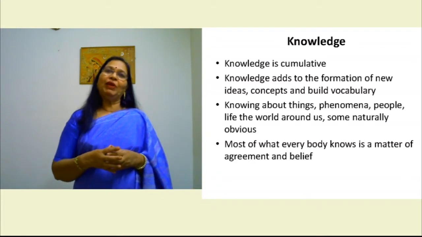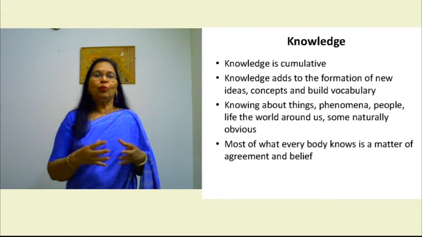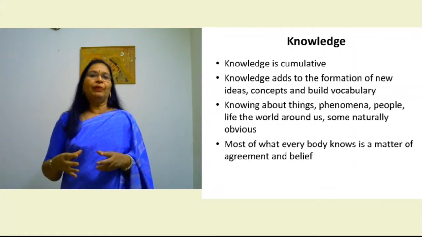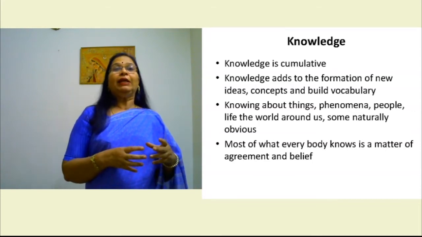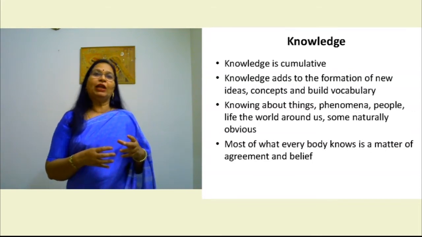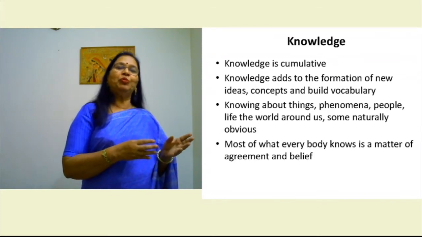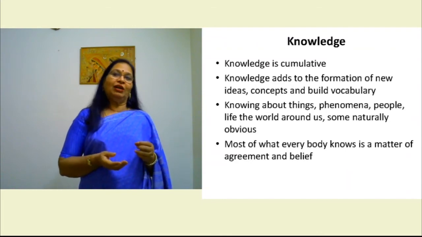And most of what we know now is a matter of agreement. So we know that income tax must be paid by a certain date, and the government will account for it. Or we say that we need to carry on the production processes in a certain way up to a certain point. After that, it might not be worth carrying out that process.